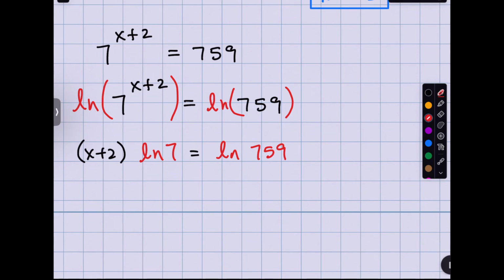Huh? That could be an answer. But what is another answer?